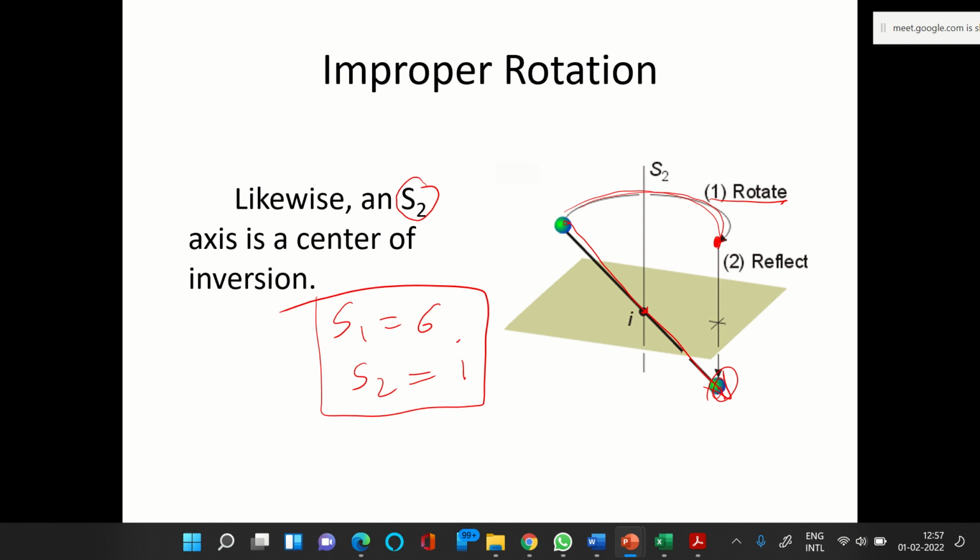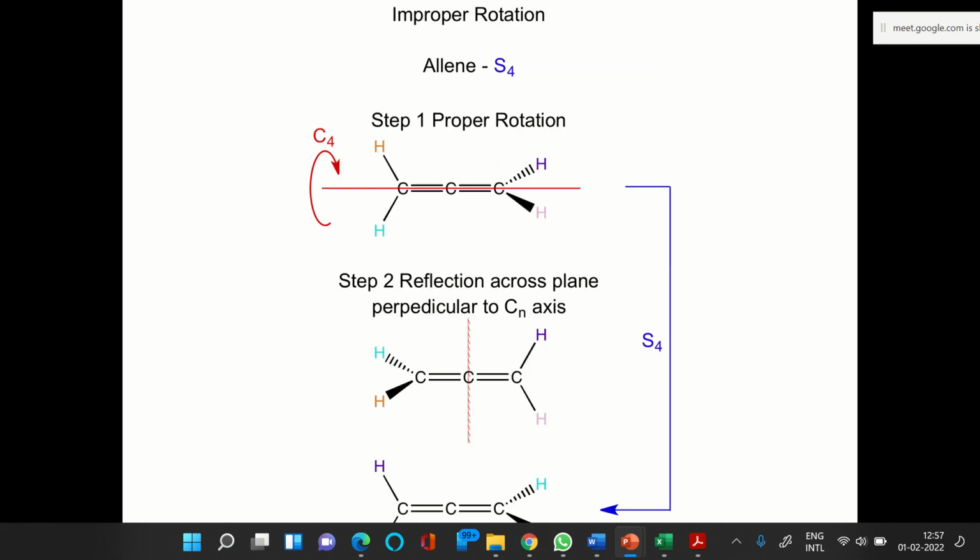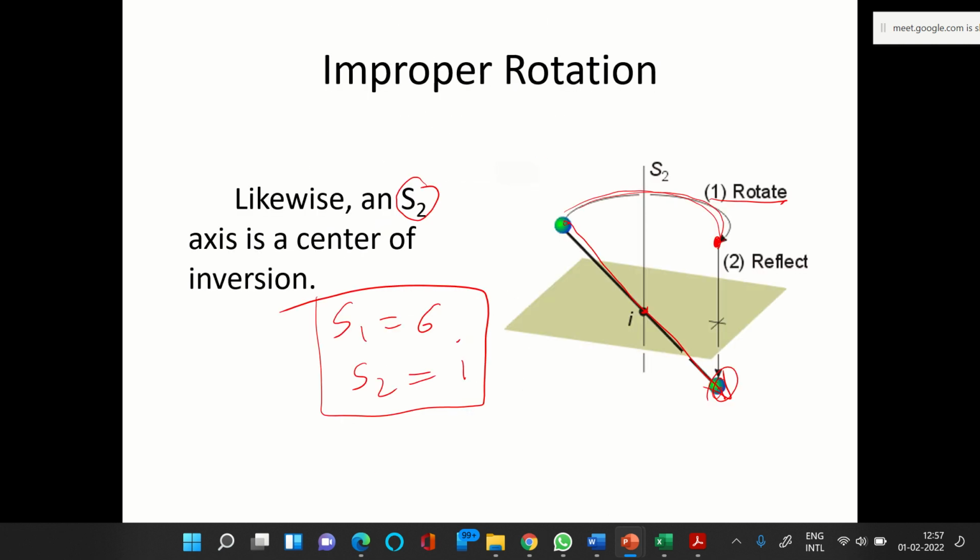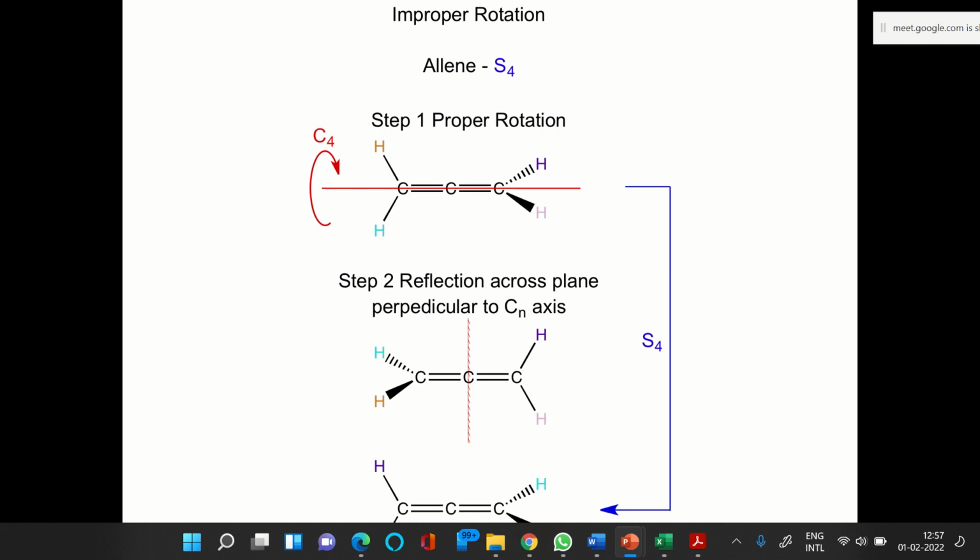It is the same as, one is equivalent to performing a simple reflection, another one is equivalent to doing inversion. So S1 and S2 do not exist. They are the same as one of the symmetry elements defined earlier, okay.